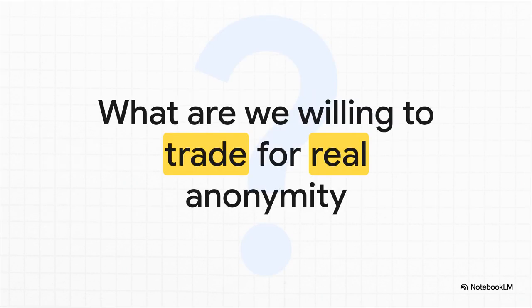And that really brings us to the fundamental question that a tool like Tor forces us all to think about. We know that real anonymity is possible, but we also know it isn't simple, it isn't always convenient, and it isn't without its own risks. So the real question is, in a world that is always watching, what are you willing to trade for real privacy?